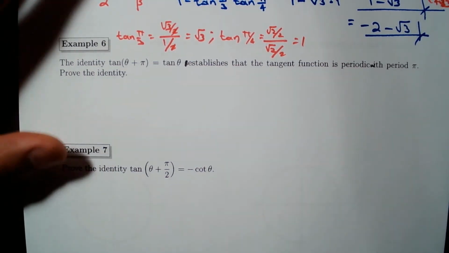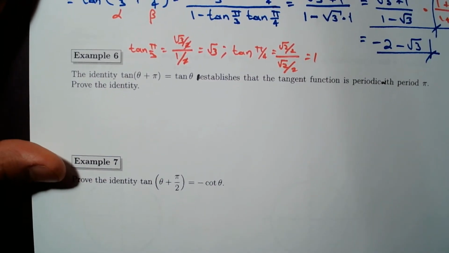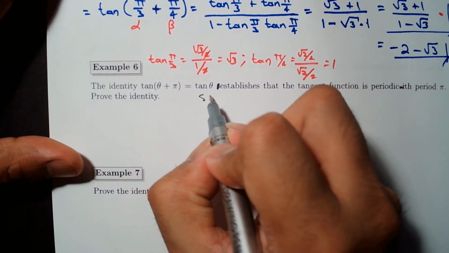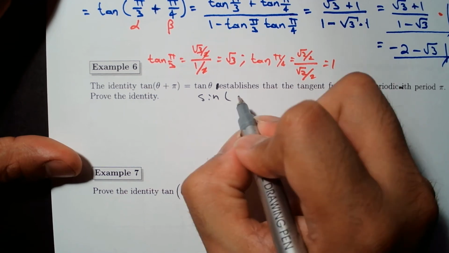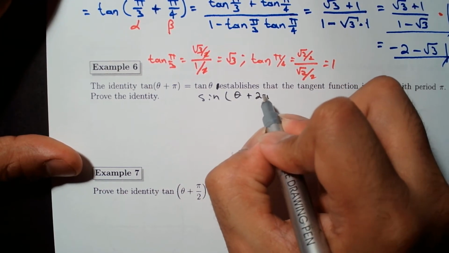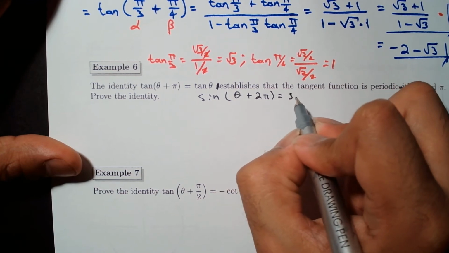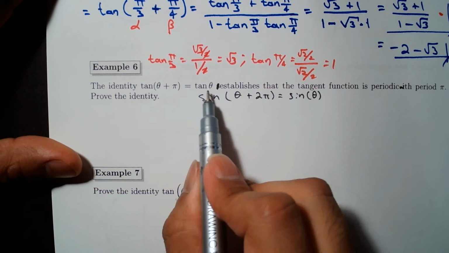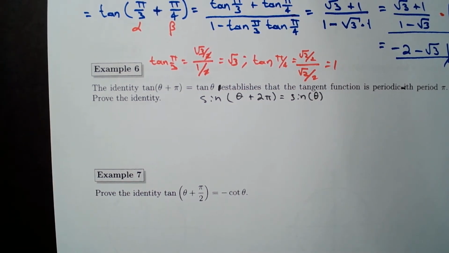You might remember the periodic properties of the trigonometric functions. Sine and cosine have a period of 2 pi, and in this case, tangent has a period of pi.